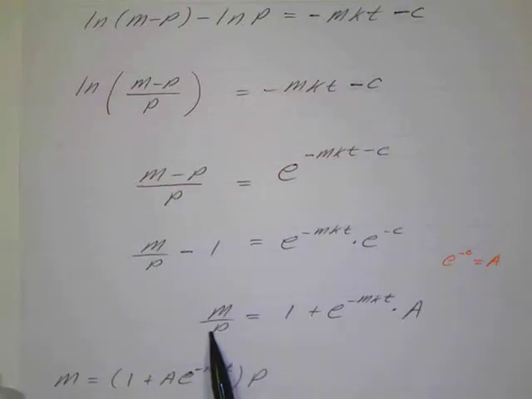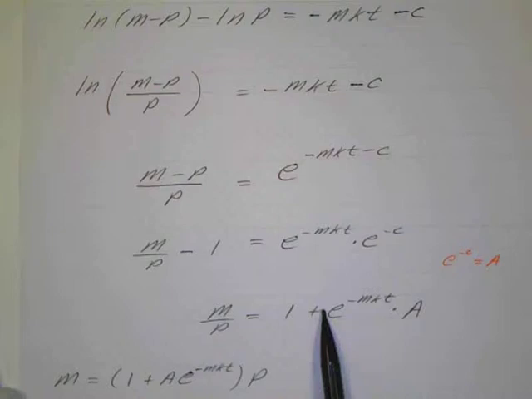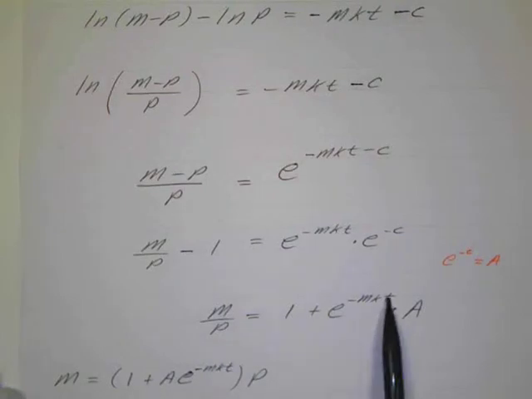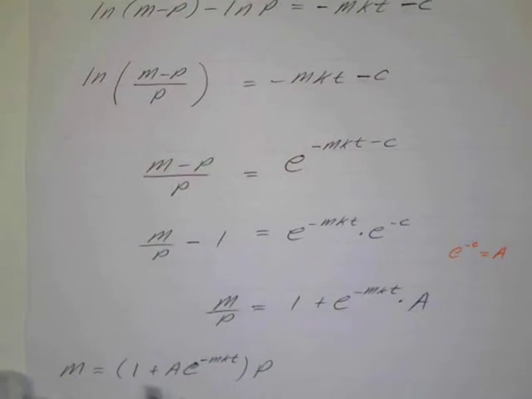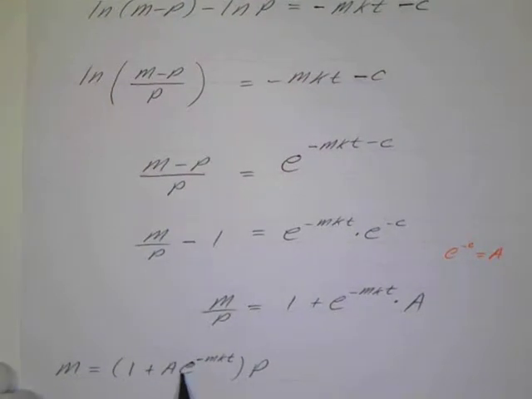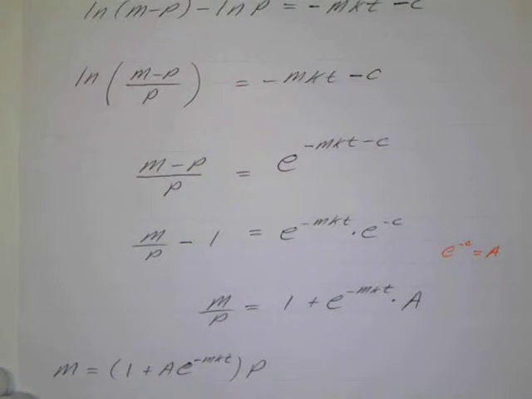Now I can multiply both sides by p, and I can put the a in front. So this is 1 plus a times e to the minus mkt, and this is times p, because I multiplied p on both sides. And then I can divide both sides by this binomial factor, 1 plus a e to the minus mkt, so I have p equals m divided by 1 plus a e to the negative mkt.